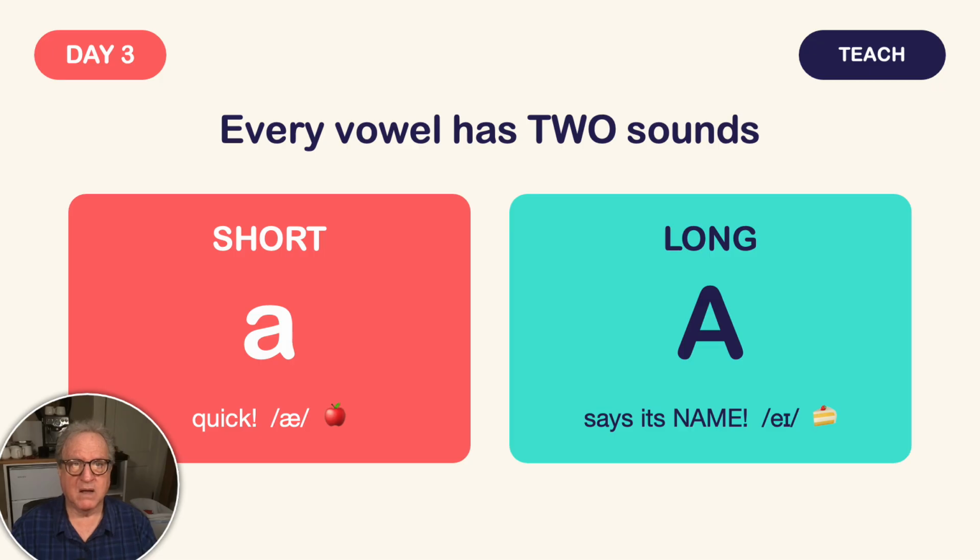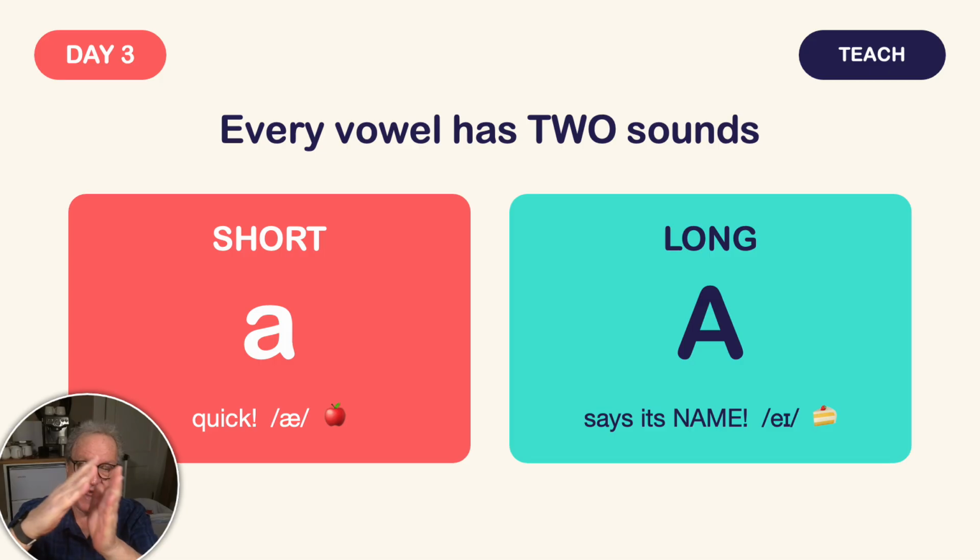So let's do this one. The short A is just a short sound like a fist. Just a short sound. But the long one is A. You can make it longer.